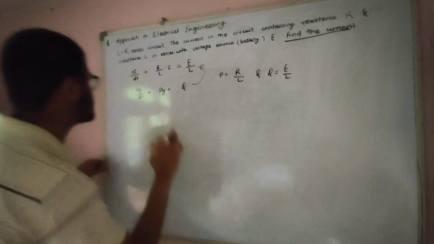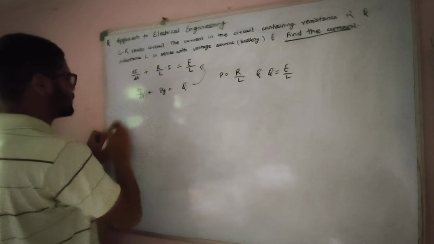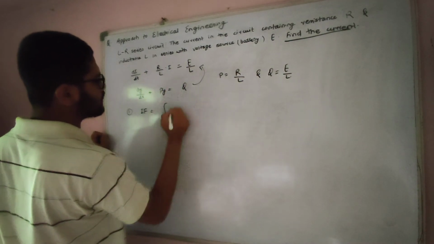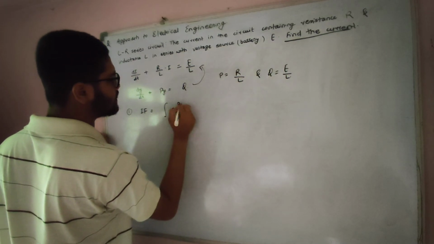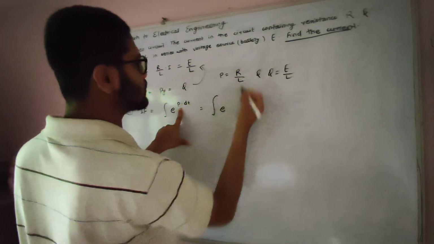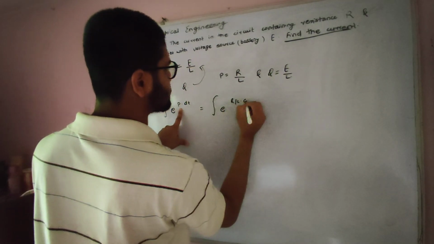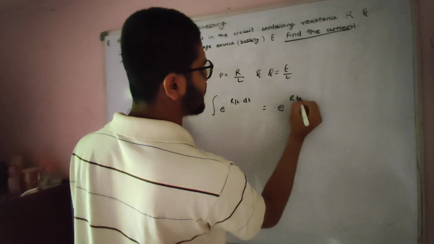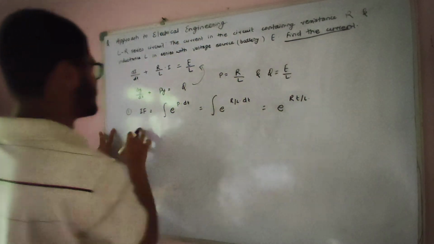To solve a differential equation, we have two steps. In the first step, we find the integrating factor, which is equal to e to the power integral of P dt, where P is equal to R by L. If we solve it, it will be equal to e to the power Rt by L. This is our integrating factor.